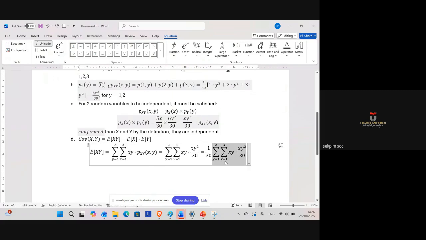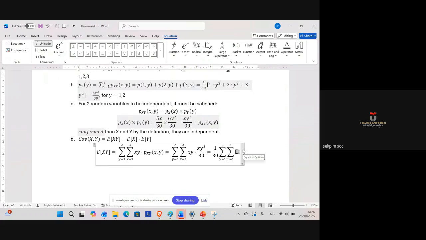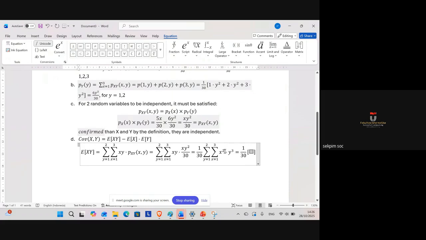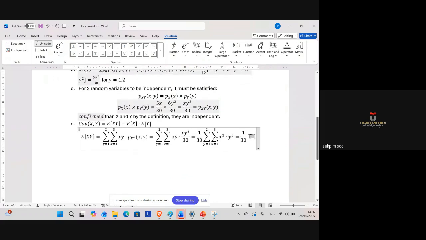I want to make it slower. So this one is 1 over 30, and we get, let's just start from y equal to 1.